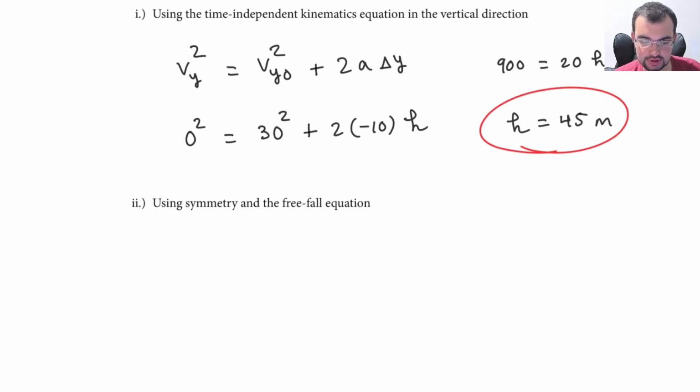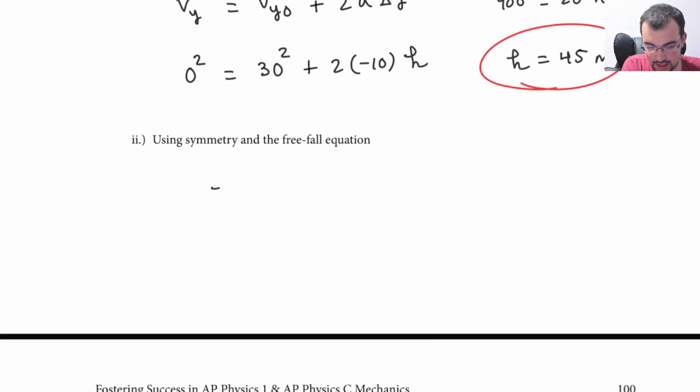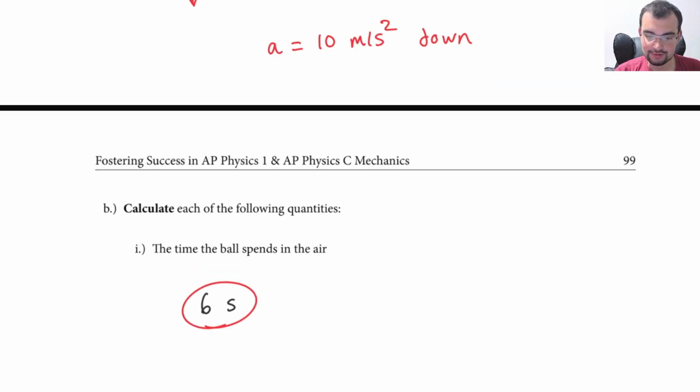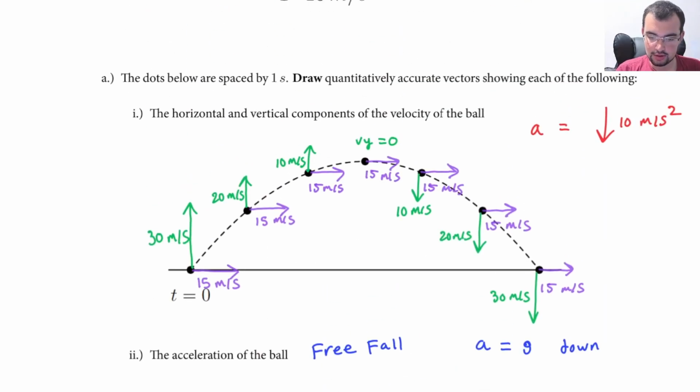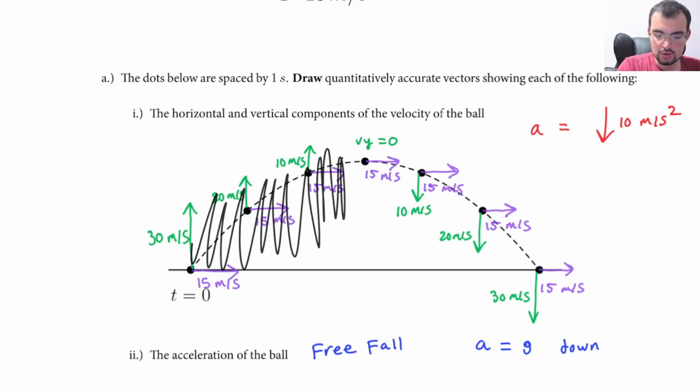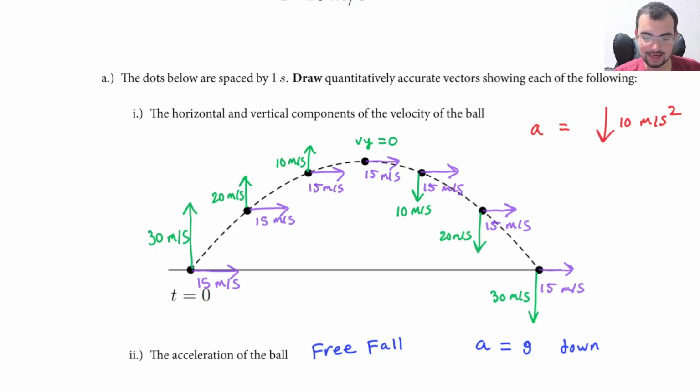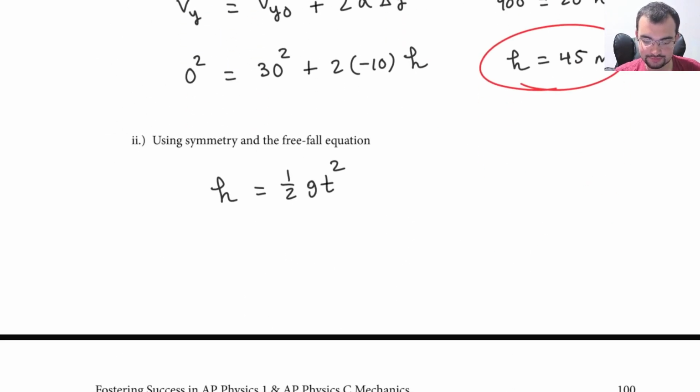And then we can also use symmetry and free fall, apparently. So this seems kind of odd because we said h equals 1/2 g t squared only applies when there's no initial velocity. But if we're clever, we could say, wait a second, what if we just pretend our motion starts at the top? Because I have a falling object now, because it does not have velocity at the top in the y direction.